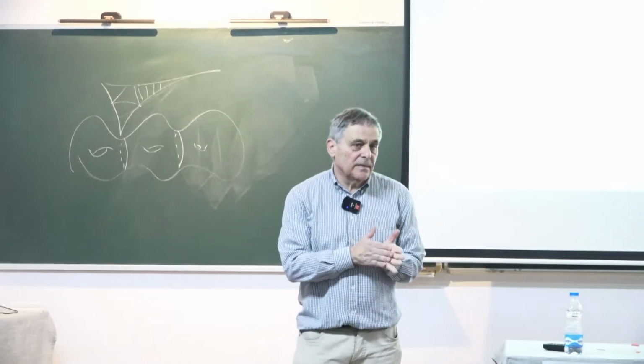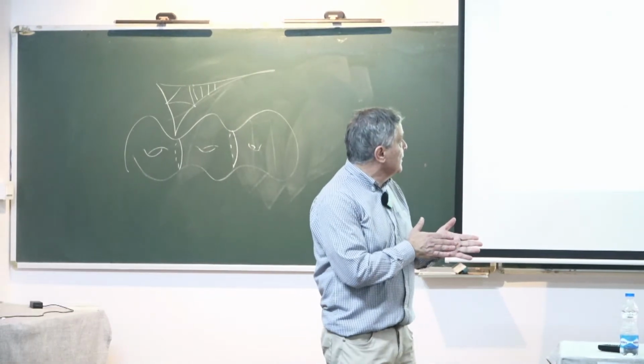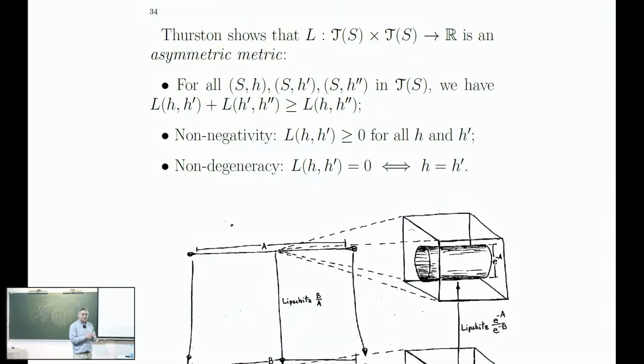Many fields of geometry now use asymmetric metrics. They find it natural, like this Thurston metric, where the distance from A to B is not necessarily equal to the distance from B to A.